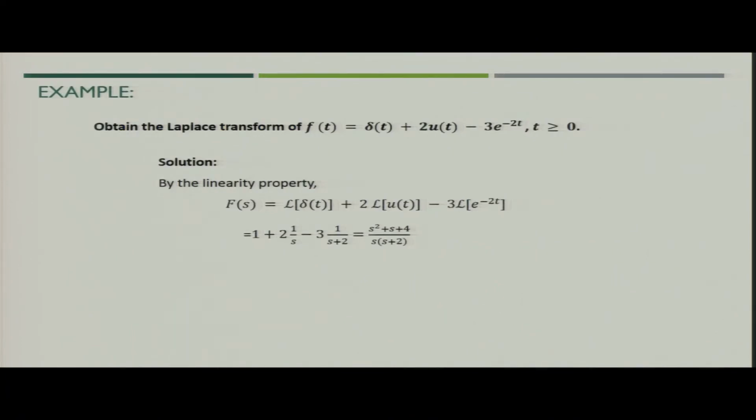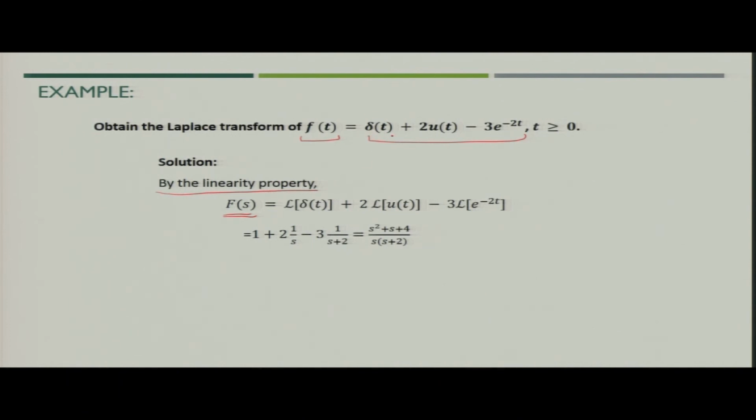So, now let us see a few examples, so that we can understand what we discussed till now more clearly. Let us see, there is a function f(t), which is a combination of unit impulse, unit step, and an exponential function. So, what will you use? You will use the linearity property here and find the Laplace transform of f(t).